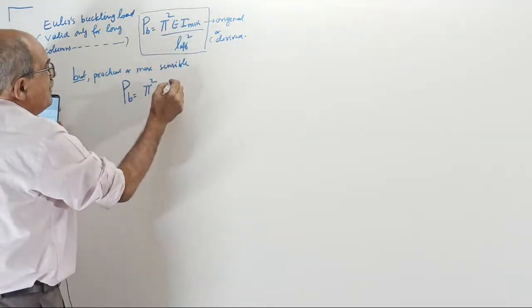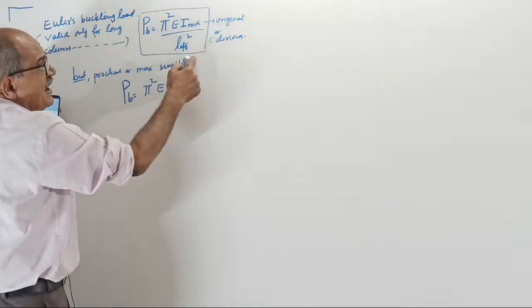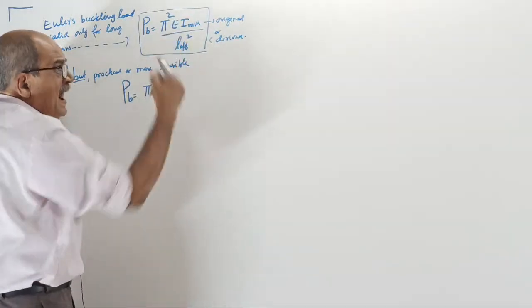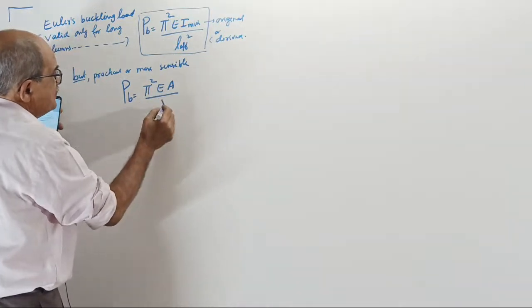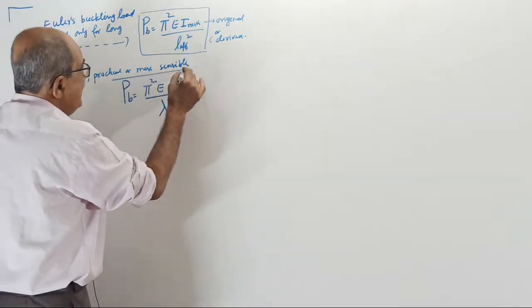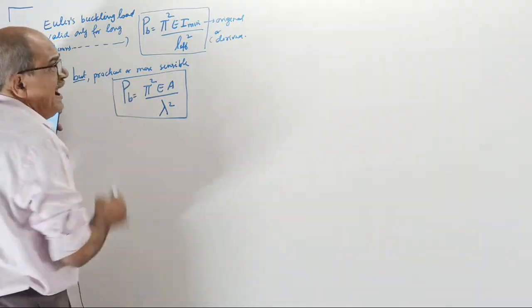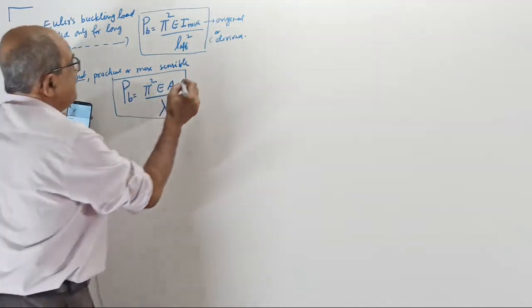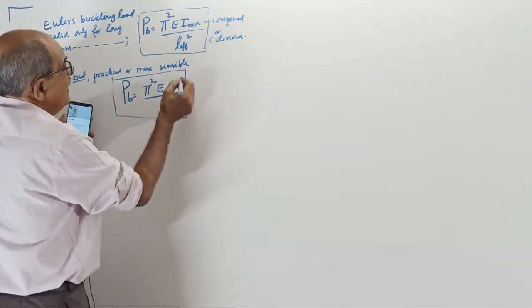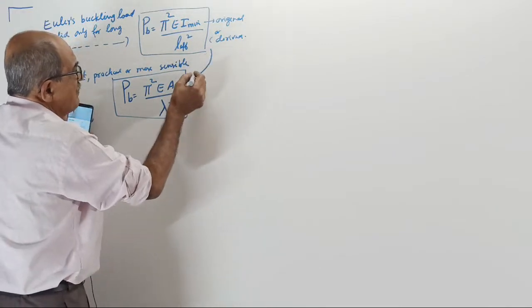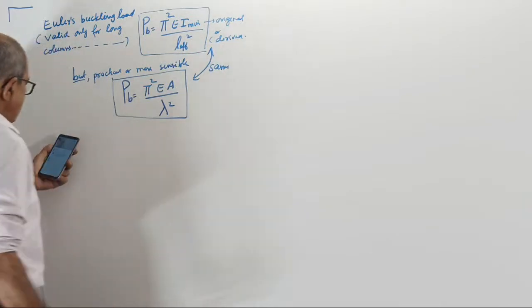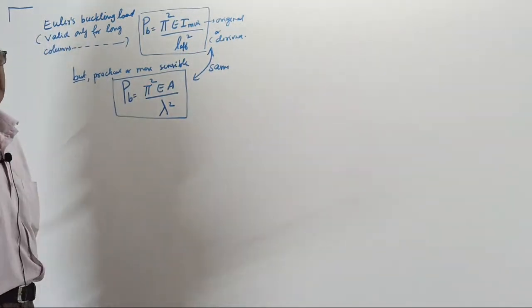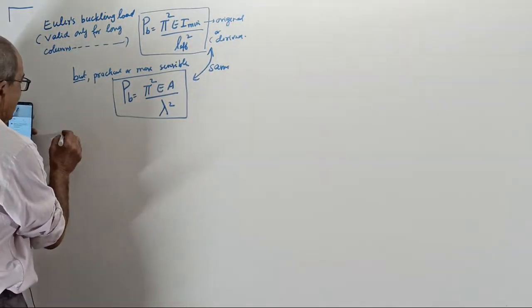So A will come there, R square in the denominator, L effective by R whole square, that is lambda square. This is more sensible and concept based. Both are identical; both are the same formula. This is Euler's buckling load.